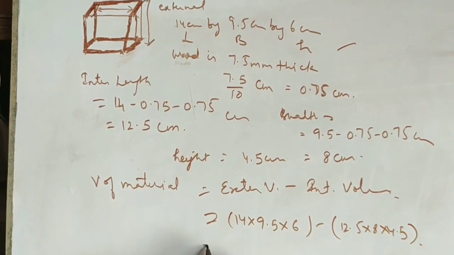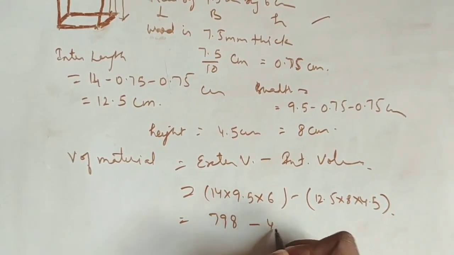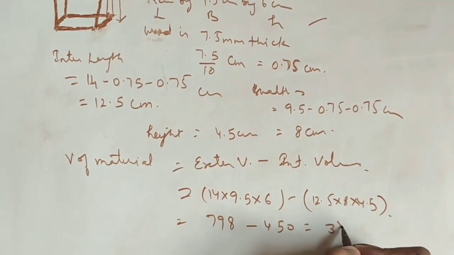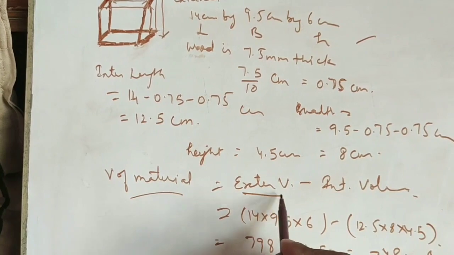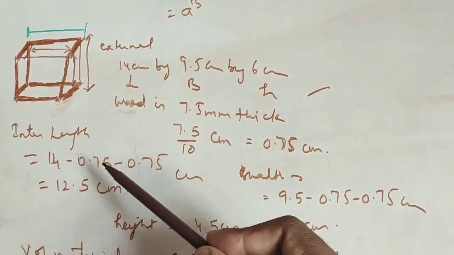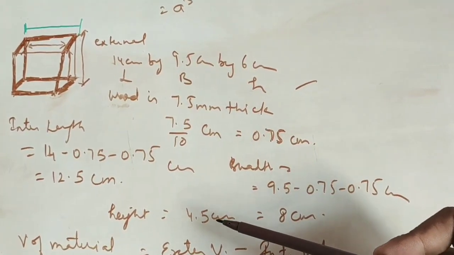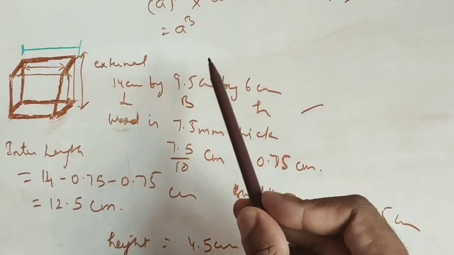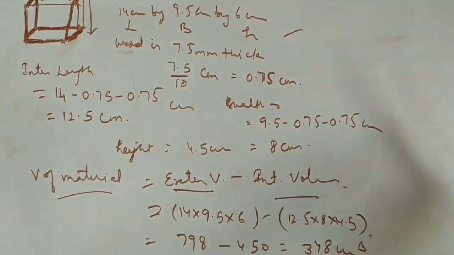You will get 798 minus 450, and this is 348 centimeter cube. So volume of material will always be external volume minus internal volume. After getting internal length, you can find internal volume by multiplying internal length, internal breadth and internal height. External volume will be external length into external breadth into external height. So this is about the volume.